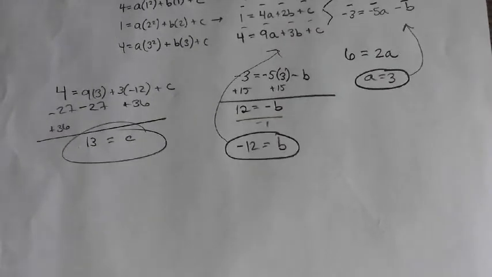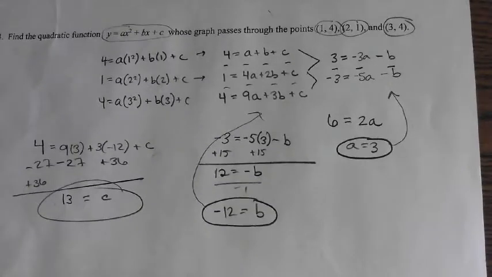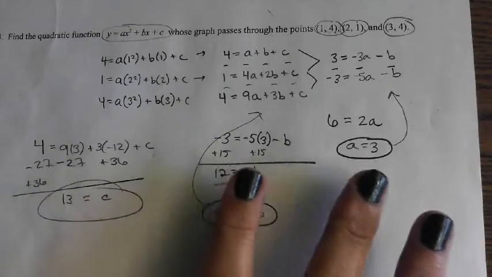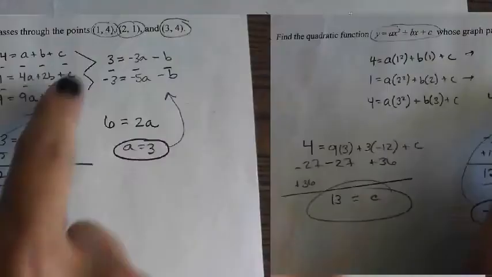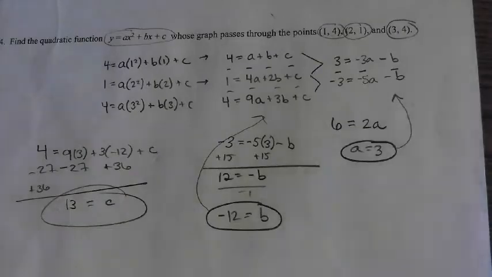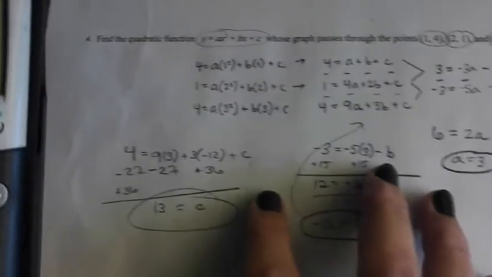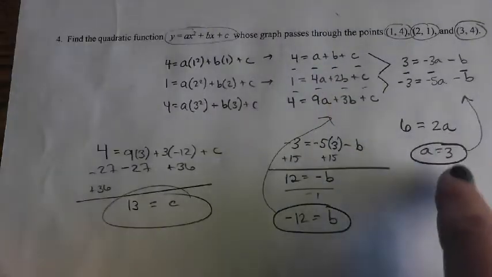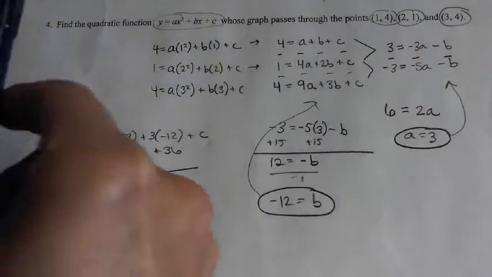So checking this one can be a little bit different, because it might check in the system that you wrote, but what if you made a mistake writing the system? So a way that you could check this one is, we think we know the a, b, and c. Oh, we actually have to write the quadratic function.